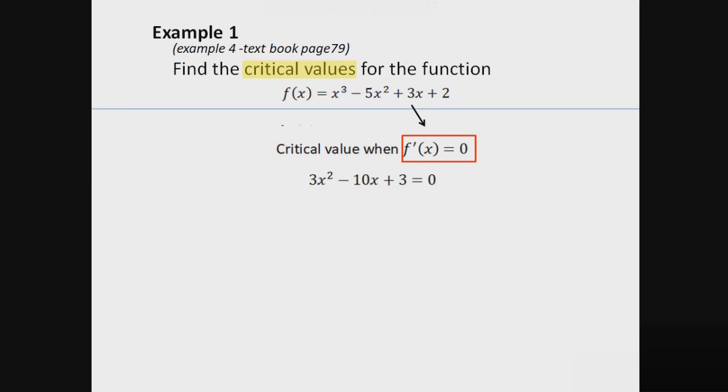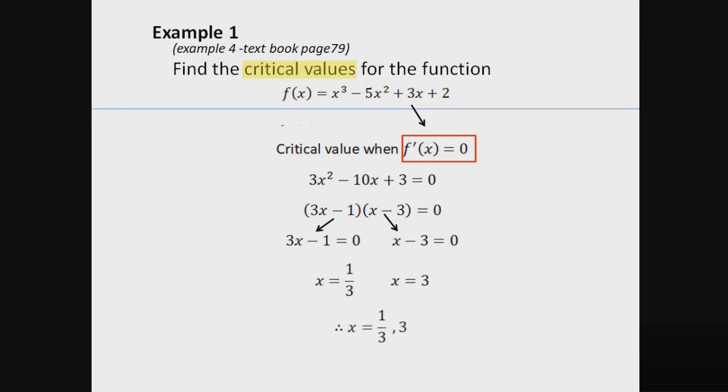And then we have to factorize. We will get in brackets 3x minus 1, in brackets x minus 3, is equal to 0. So by calculus, we can separate 3x minus 1 equal to 0 and x minus 3 equal to 0. Then we solve it as x is equal to 1/3 and x is equal to 3. So these are the critical values.